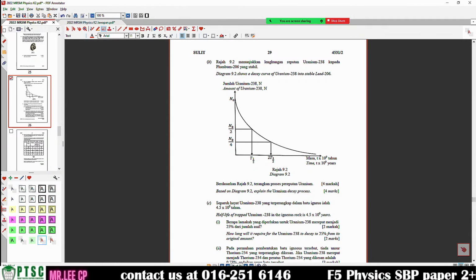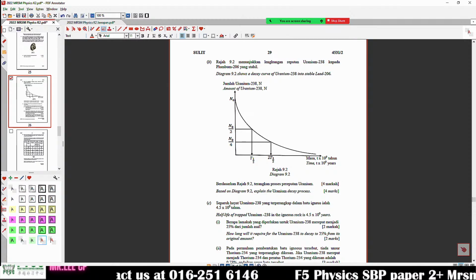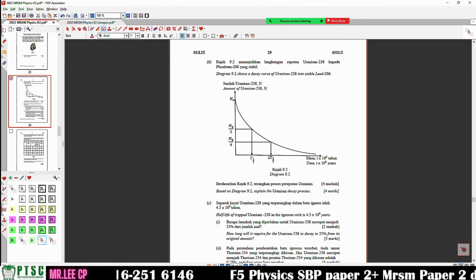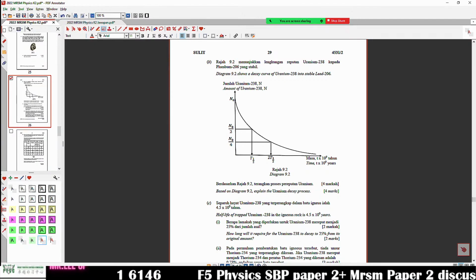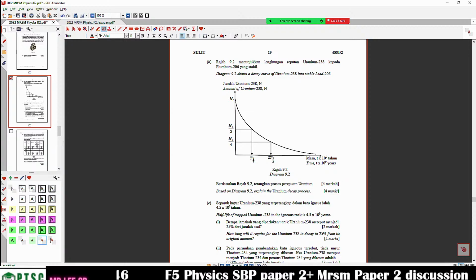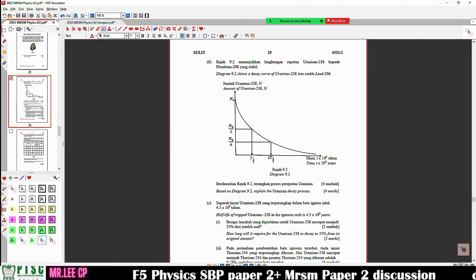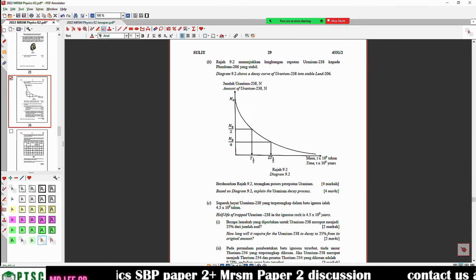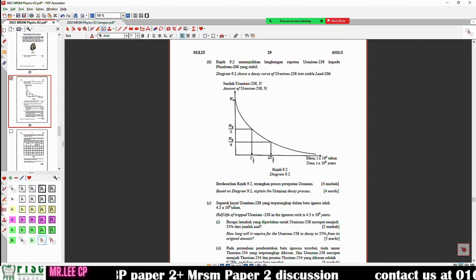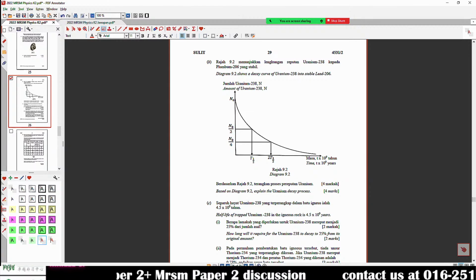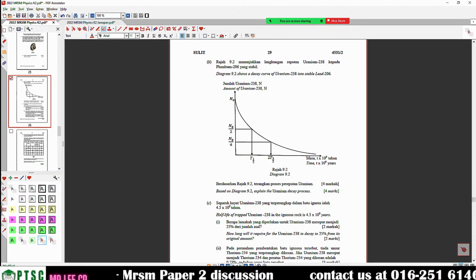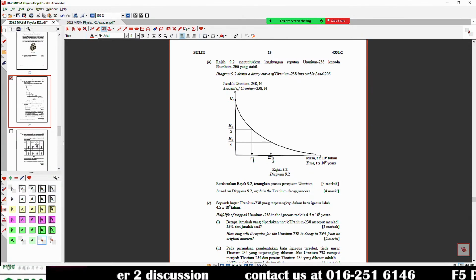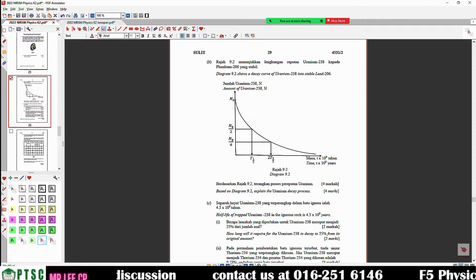This question is very, very difficult, with no idea given at all. I don't know how to start. Like you, not only me. I also don't know how to calculate like this. You don't have any guideline at all. You give me one graph, how am I going to explain? So explain the uranium decay process.